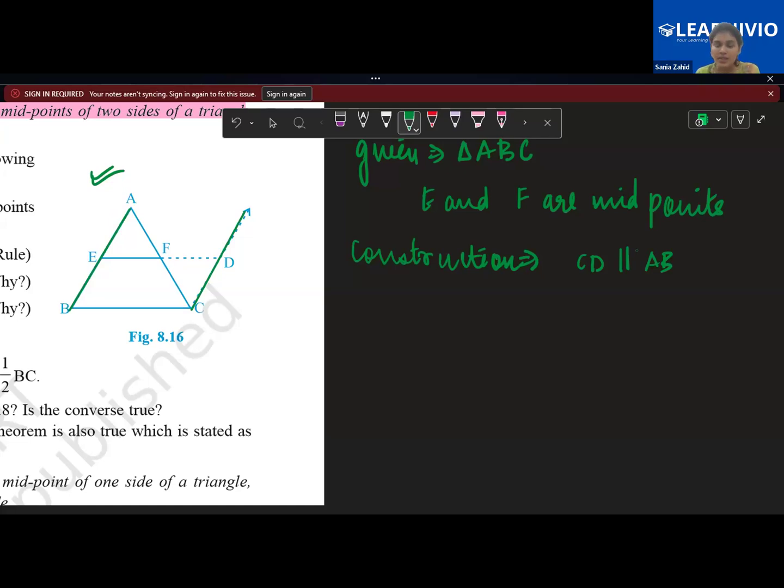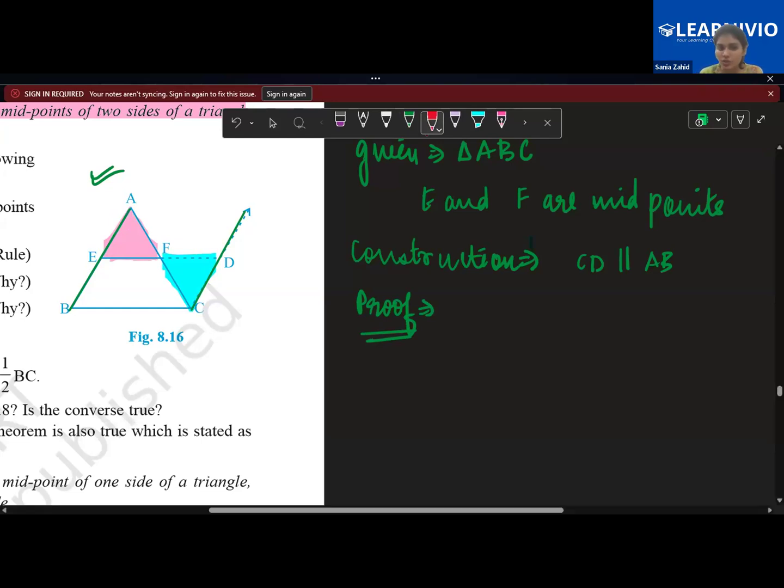Now what you do is the proof. Very easy proof, children. You have this triangle with you and you have this triangle. If I'm able to prove them congruent, then it becomes very easy for me.